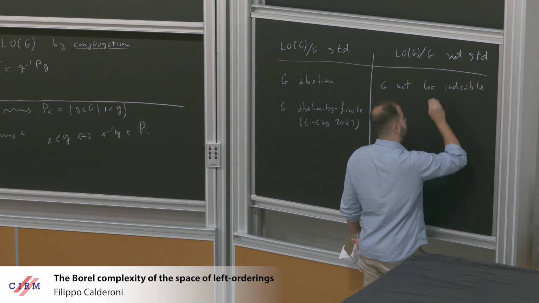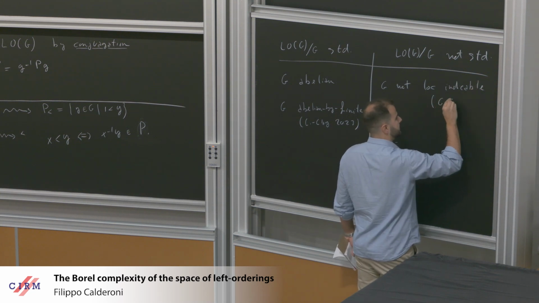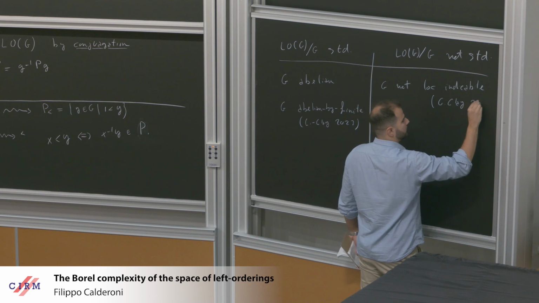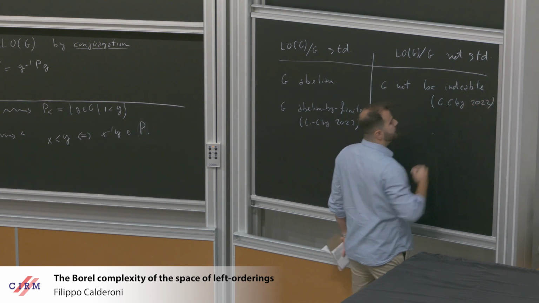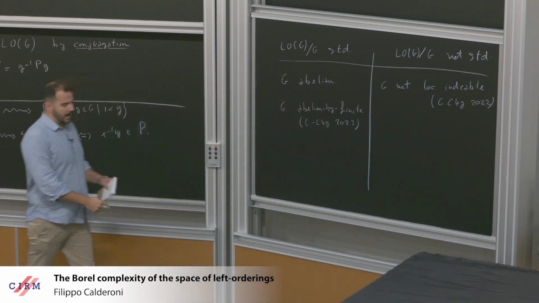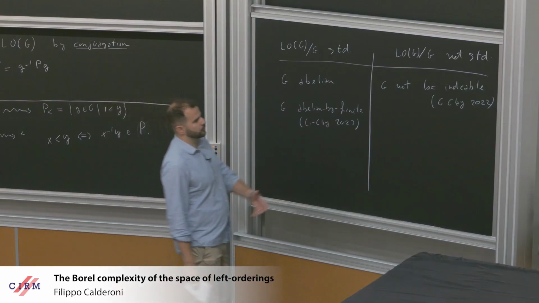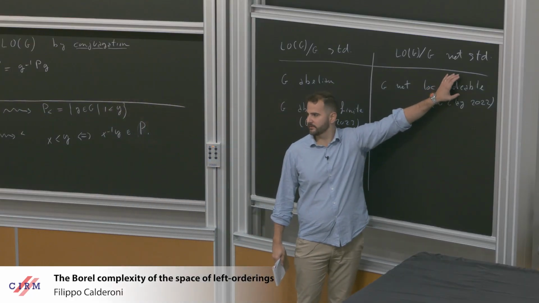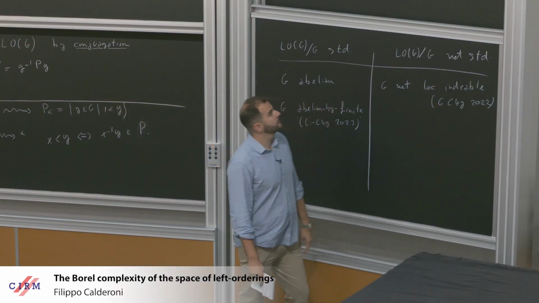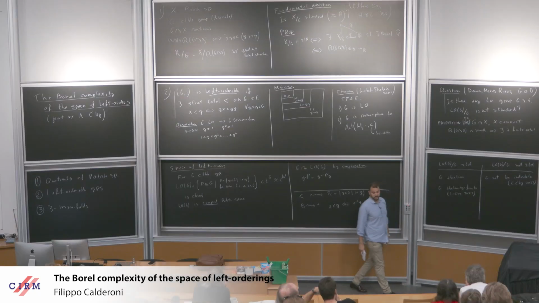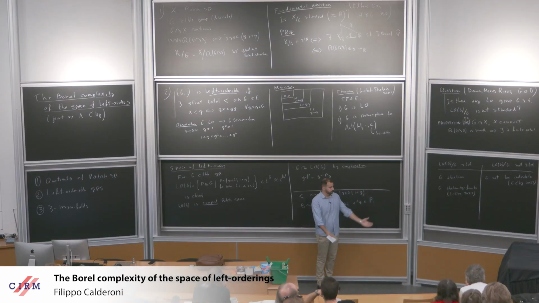And this was our result from 2022. And actually, it's quite easy to see that. The reason is because for this class of groups, every class is infinite. Every orbit is infinite. So by taking the contrapositive of that proposition, the result follows quite easily.